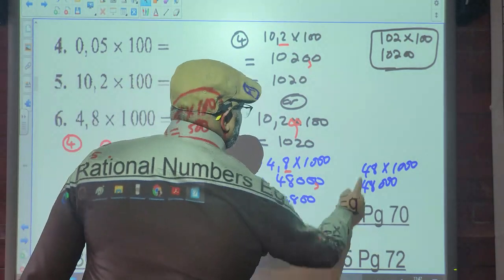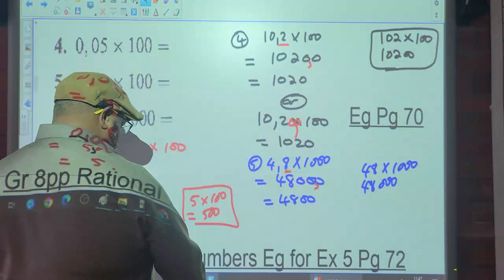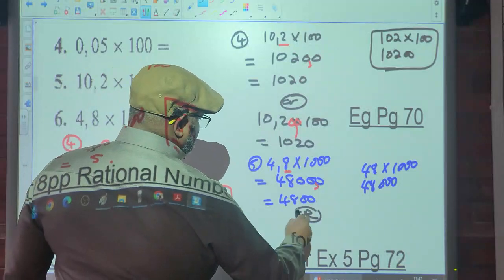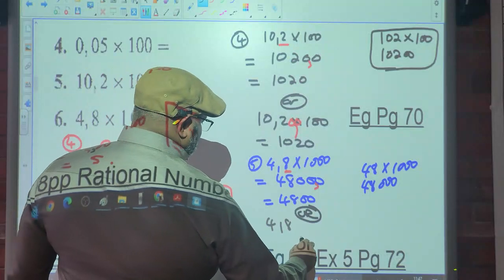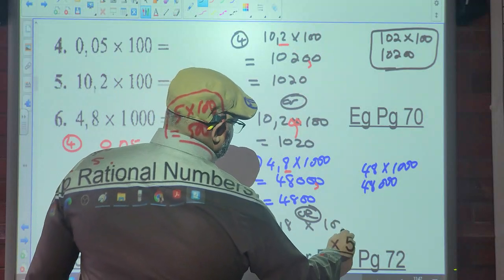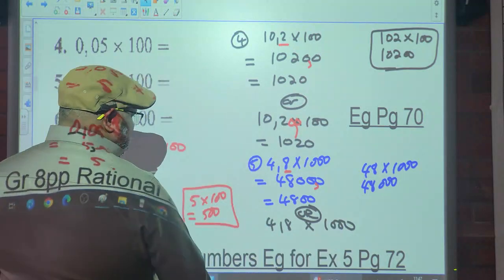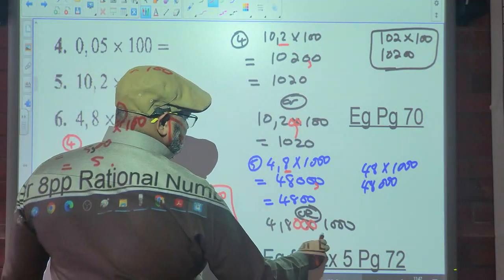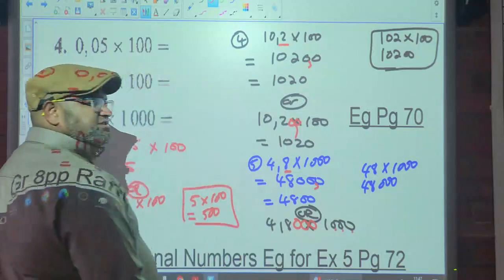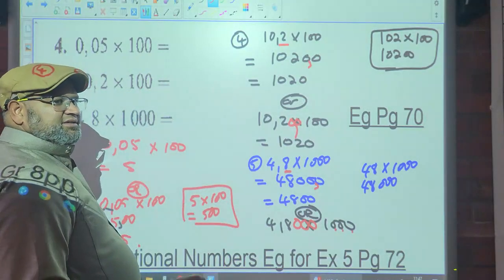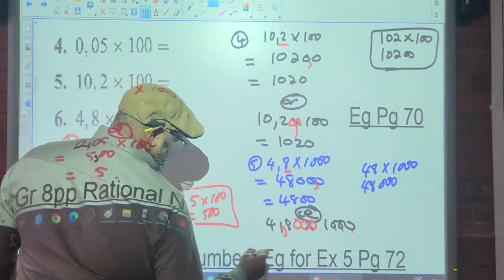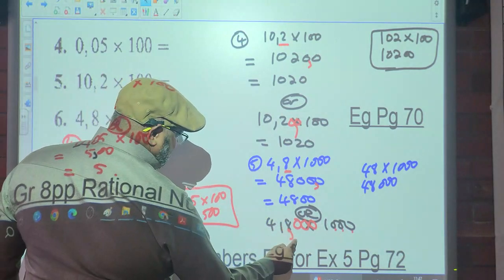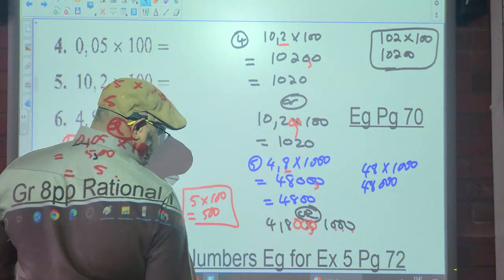Otherwise, what we could have done was simply 4,8 multiplied by 1,000. The comma must move how many digits? 1, 2, 3 digits. You see that? So currently it's lying there. Let's move it 3. 1, 2, 3.